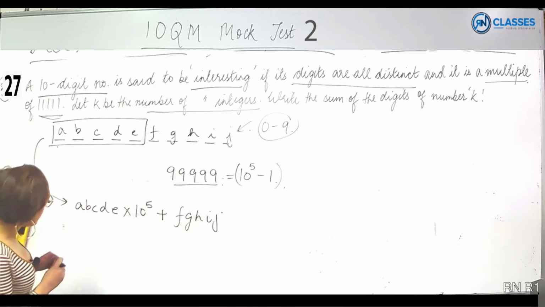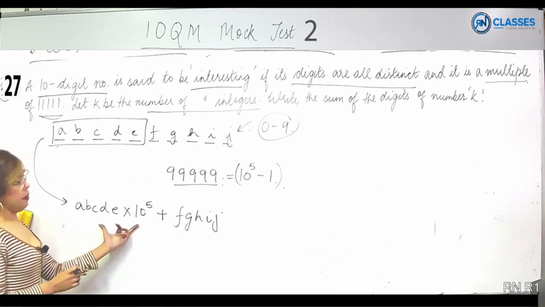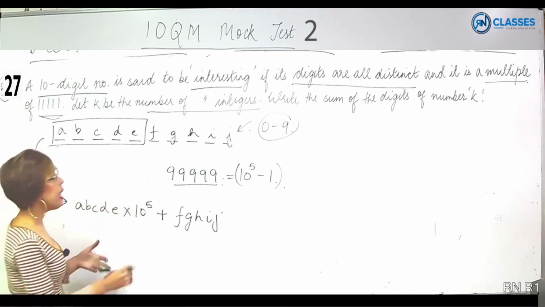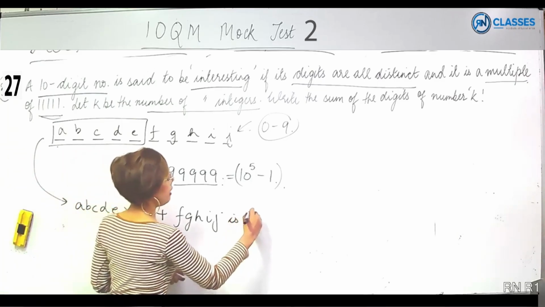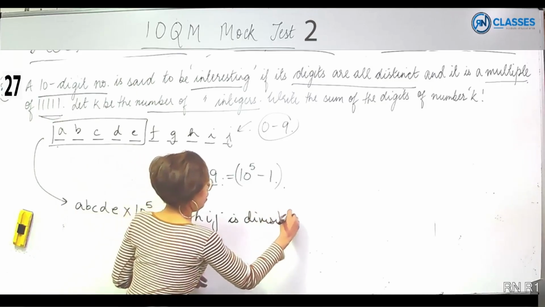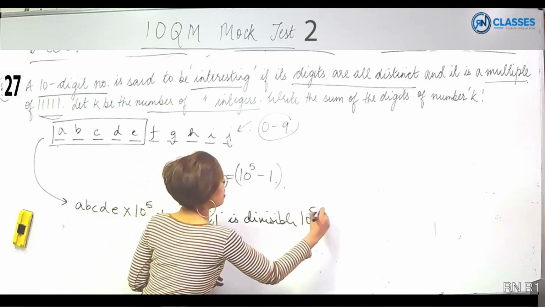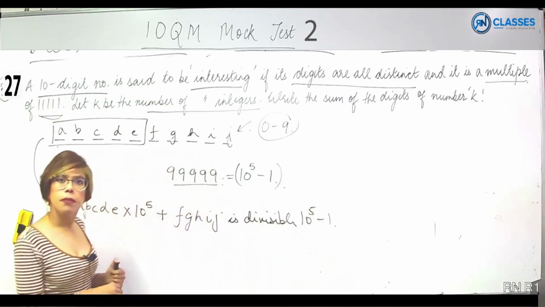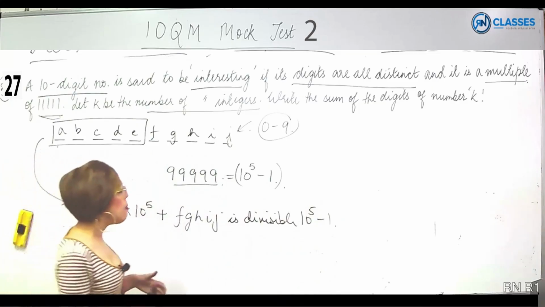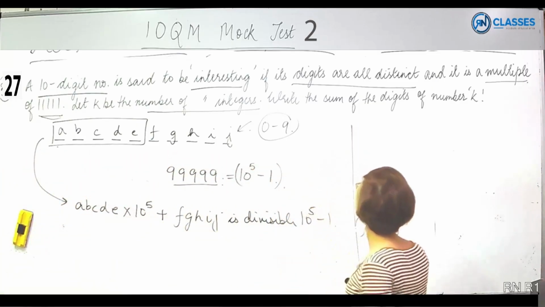Now this number is divisible by 10 raised to the 5 minus 1. Let's see what happens if we divide. We know how division works.